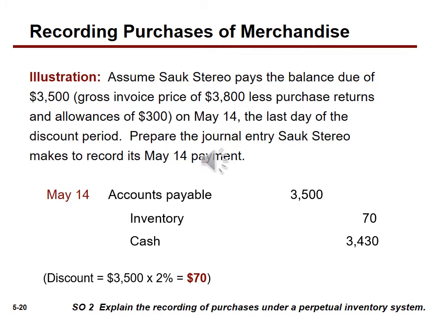So now our transaction with the discount is going to look just like you see in front of you. We're going to debit accounts payable 3,500, which is the full amount due, but we're going to credit cash only for 3,430, which is the amount due minus the discount, and the discount is going to be credited to the inventory account.